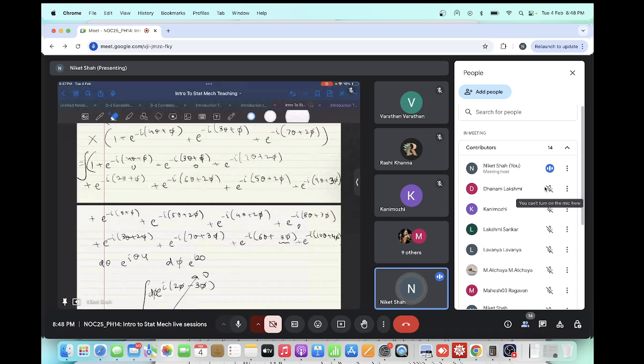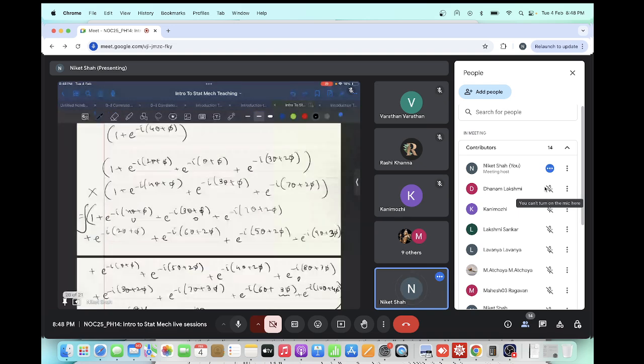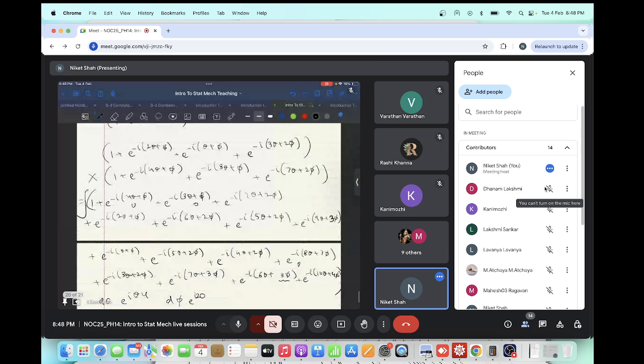The coefficients corresponding to theta is u and coefficient corresponding to phi is n. So u is equal to 4, n is equal to 2, there is one configuration, and there is no other configuration. So basically e raised to power s, u equal to 4, n equal to 2, is equal to 1.